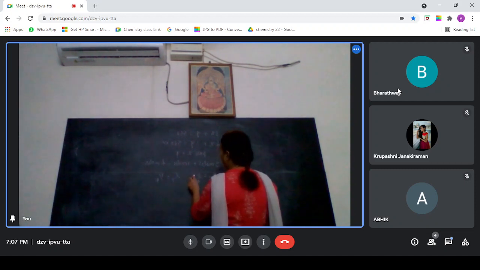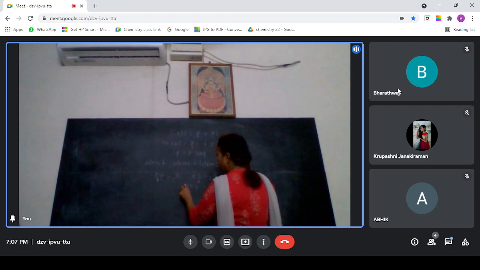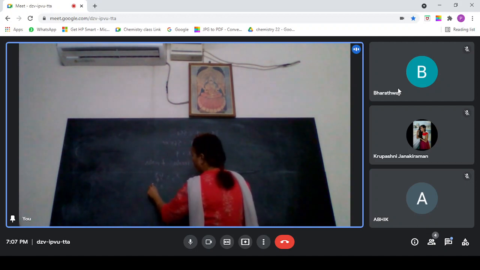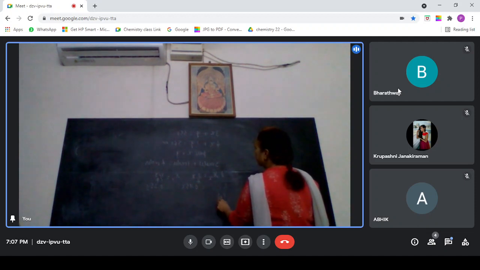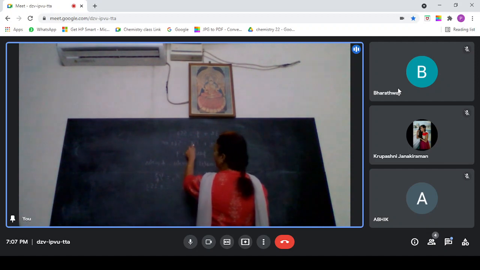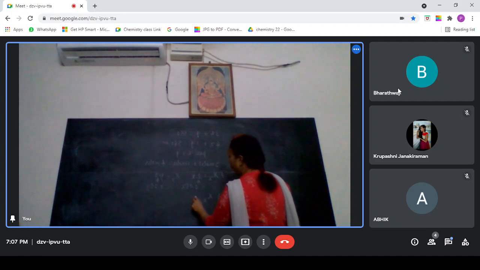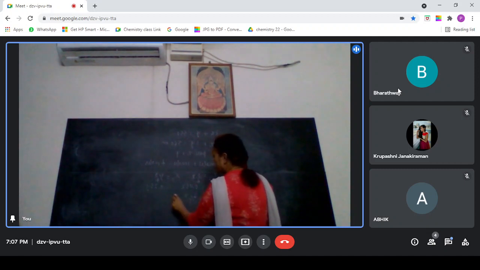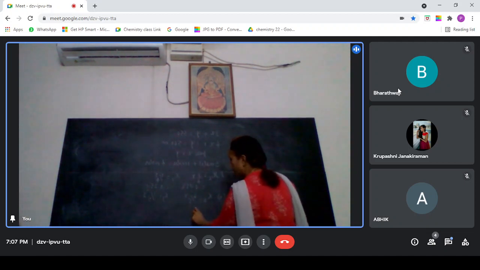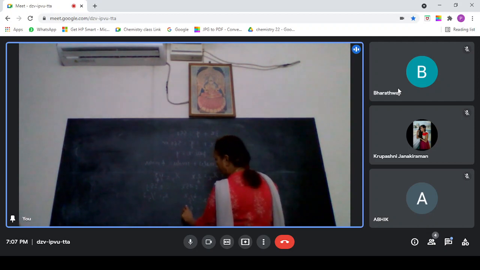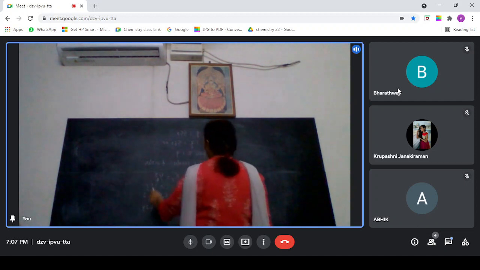So this will be 0.75 X and 0.25 Y. This is the first case. Second case, 4 plus 1, 5 moles: mole fraction of X is 4 by 5, of Y is 1 by 5. So this will be 0.8 X, 0.2 Y. So you have two equations now.